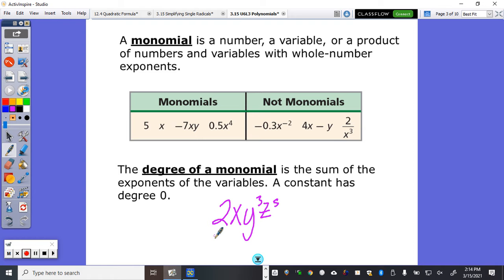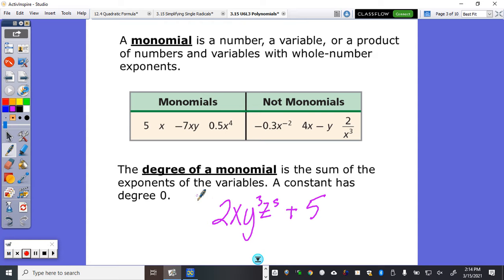It doesn't change to something else until I put in an operation, plus or minus. Then if I said 2xy to the 3rd z to the 5th plus 5, that's no longer a monomial. That's no longer one term. That's two terms.